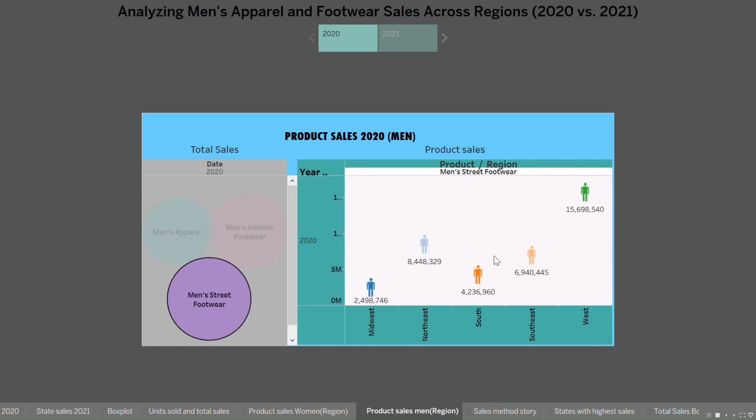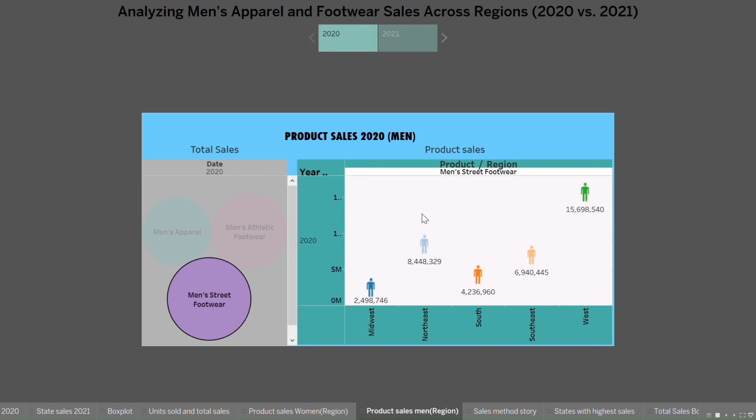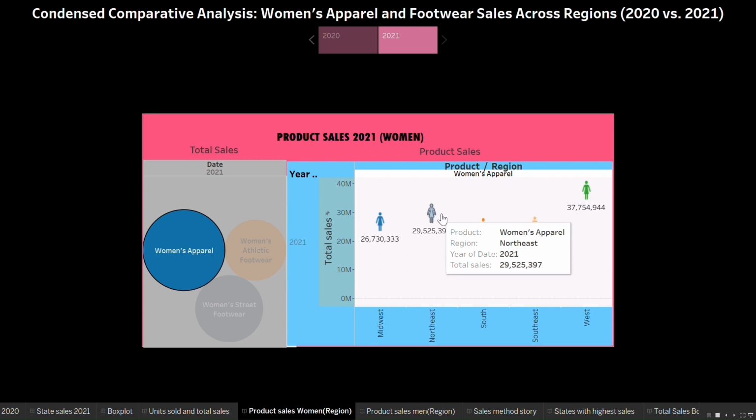So with this chart, I decided to use the circles on the left and then the line chart, but I decided to represent the men with the men symbol, and then with regards to the women, I put the women symbol to make it easier to tell, and I added a bit of pink for the ladies as well.